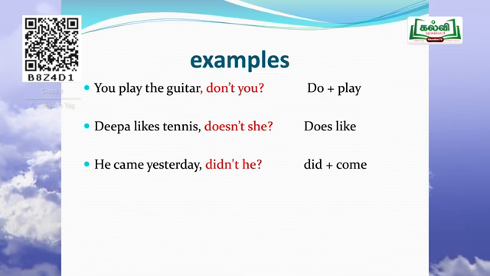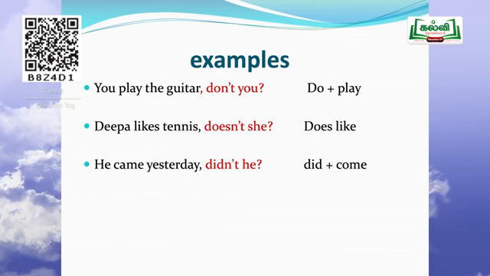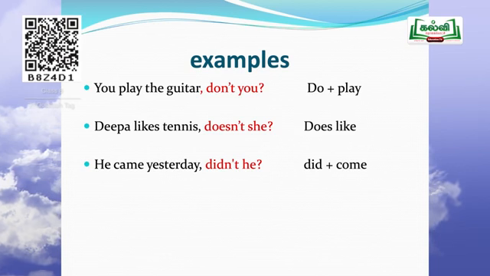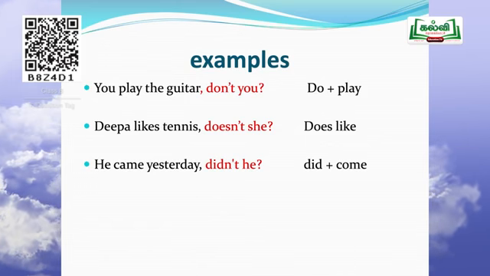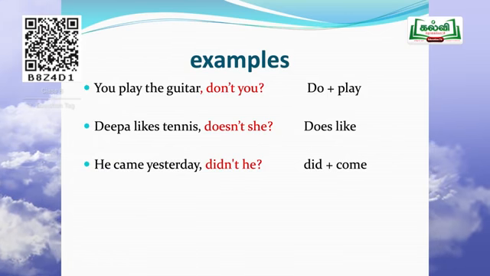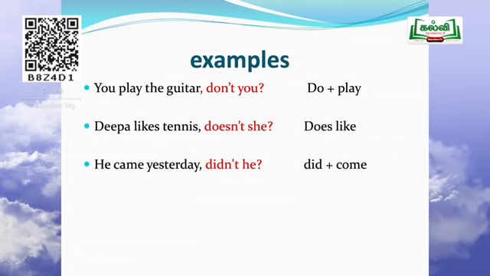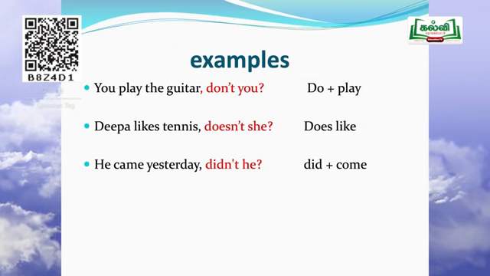Now decide whether we have to add not or not. Here, "you play the guitar" is a positive statement, so we add not to the auxiliary: do plus not, don't. What is the subject pronoun here? You. The final result is "don't you." Are we clear? Okay.